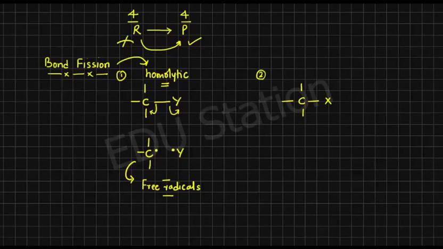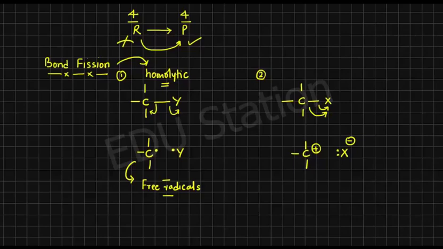Second case, say carbon has a bond with X, X takes both the electrons in this case. So, both the electrons are taken up by X. So, you will have carbon which is positive and X which is negative.